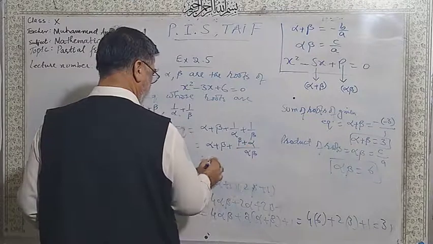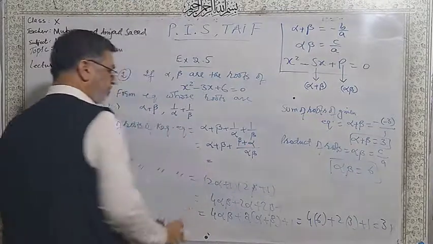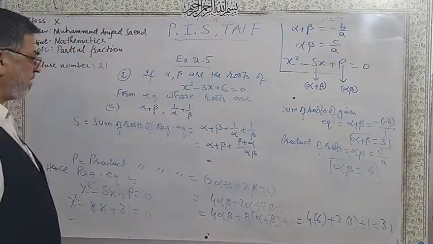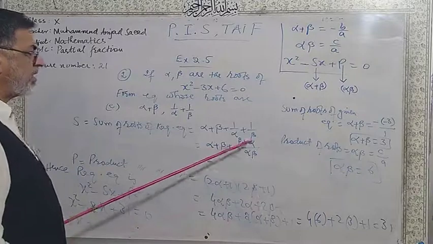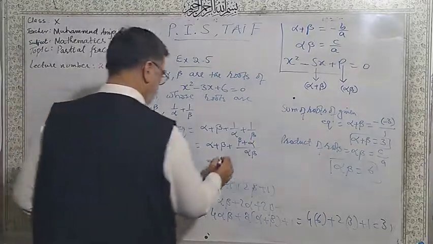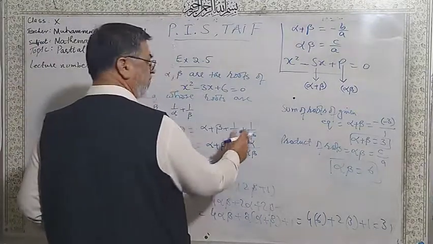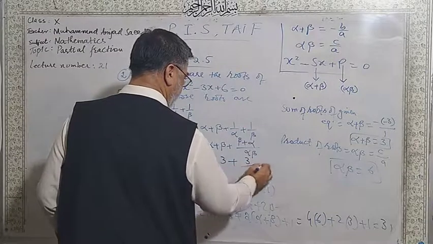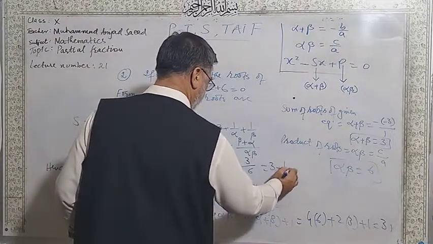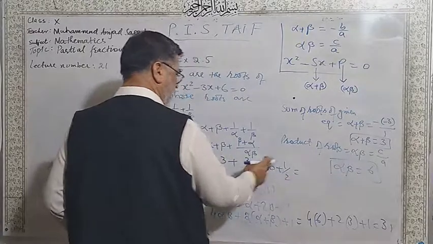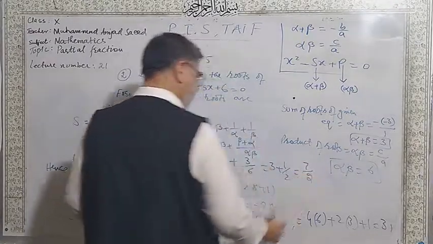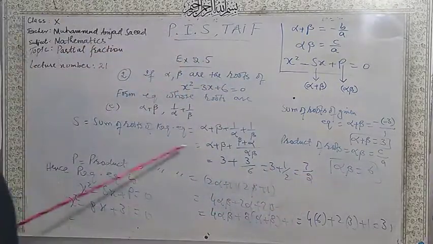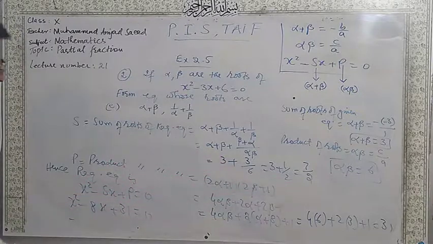Beta plus alpha. What is alpha plus beta? 3. Then alpha plus beta is 3 and alpha beta is 6. 3 plus 1 over 2, 3 plus 6 plus 1 is 7 over 2. This time sum of roots is 7 over 2.